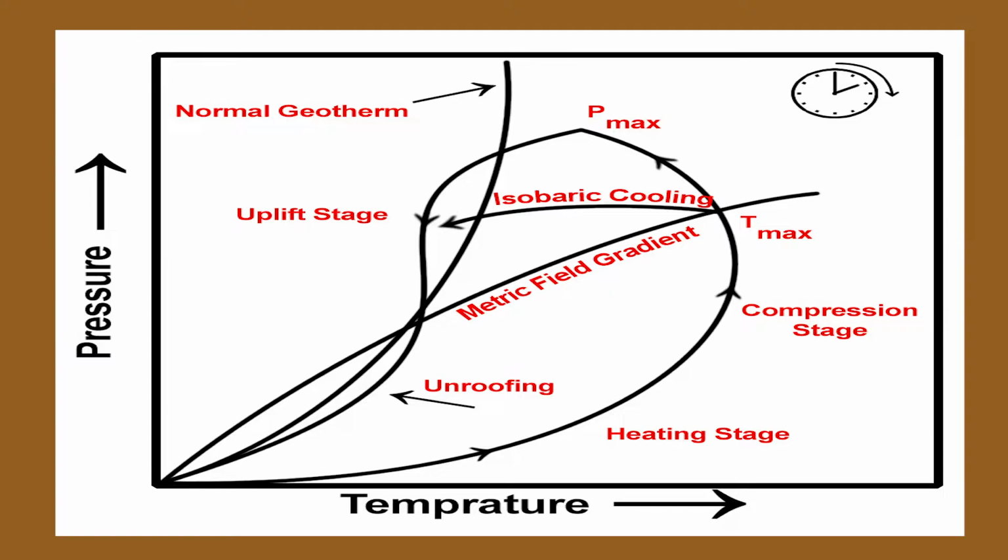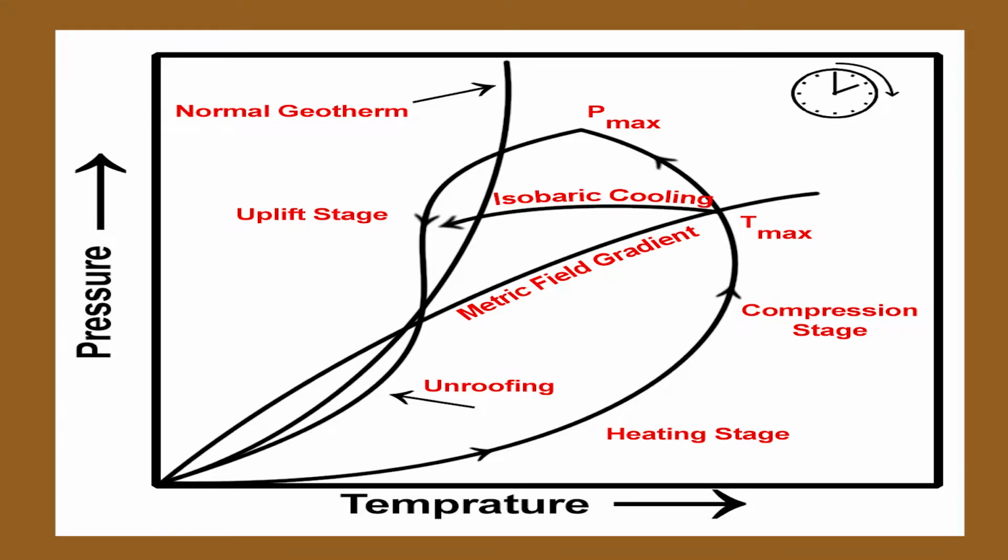The counterclockwise PT path requires magmatic heat input early in the evolution, which is attributed to crustal thinning and decompressional melting at depth, where basic magma underplates the overlying crustal rocks.